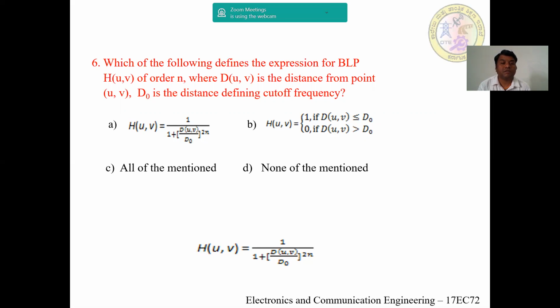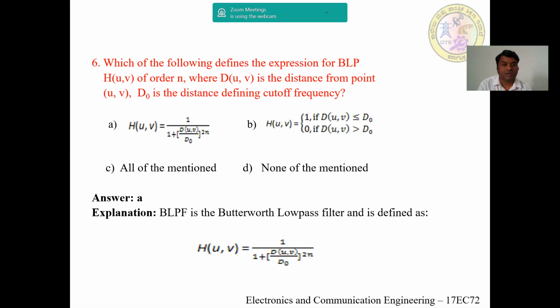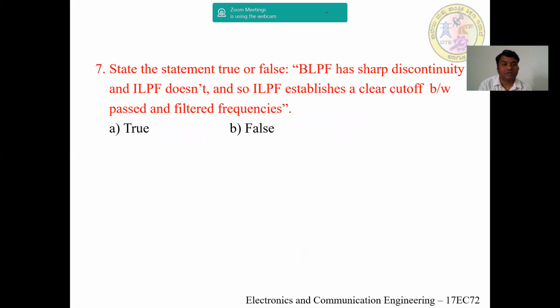All of them mentioned, none of them mentioned. The answer is A, H(u,v) = 1 over 1 plus [D(u,v)/D0] to the power of 2n. The BLPF is a Butterworth low pass filter and is defined as H(u,v) = 1 over 1 plus [D(u,v)/D0]^(2n).